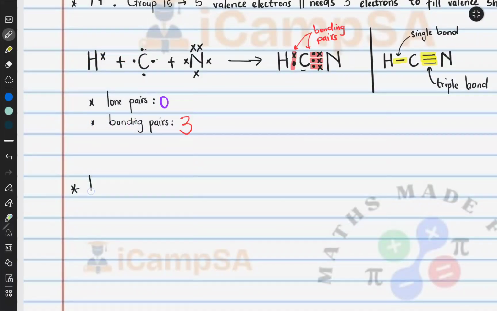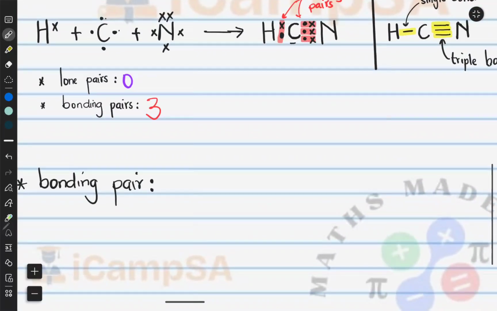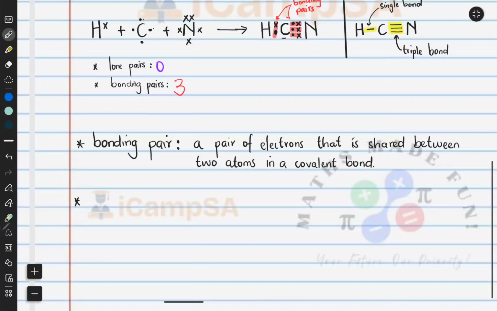And then for the sake of completing our definitions, let's write our definition for bonding pair and lone pair. So a bonding pair, we said, is just a pair of electrons that is shared between 2 atoms in a covalent bond. And then a lone pair is a pair of electrons as well, but it's found in the valence shell of an atom, and it's not shared during the covalent bonding.